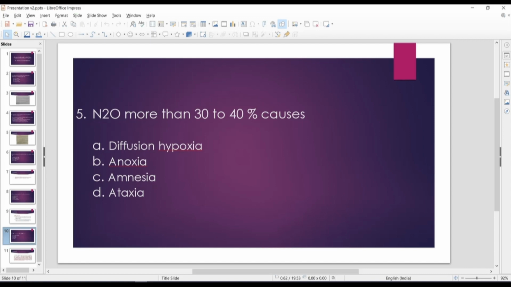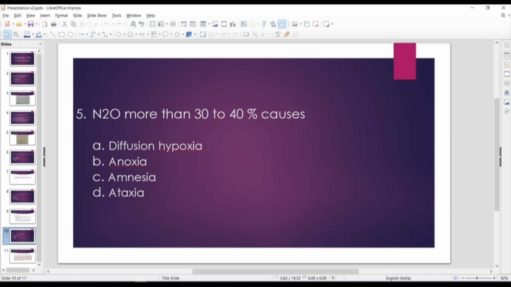At concentrations between 30 and 50%, it produces a relaxed, somnolent patient with dissociation. In some patients, this may also cause amnesia, at 30 to 50%.